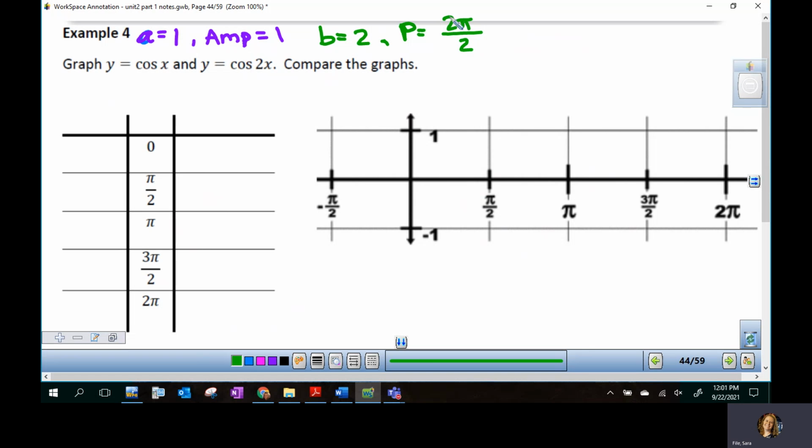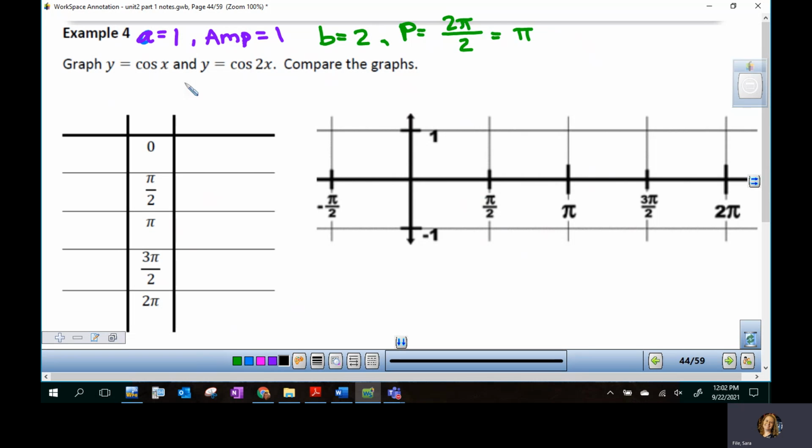What happens to those 2's? Yeah, 2 over 2 is just 1. Those reduce. So that's just pi. So the period of the graph should be pi, and the amplitude should be 1. Once we get this graphed, we're going to come back and check that that's what we graphed. It's a way for us to check ourselves.